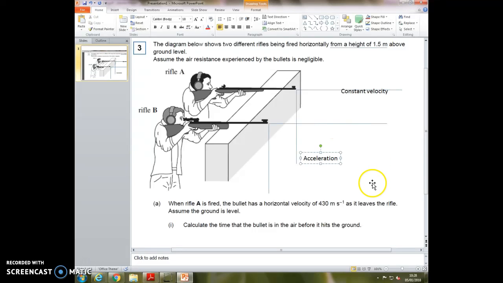So we have two different approaches to this one. The first one that we want to try and find out is just how long it stays in the air. And that's part of the question here. Calculate the time that the bullet is in the air before it hits the ground.